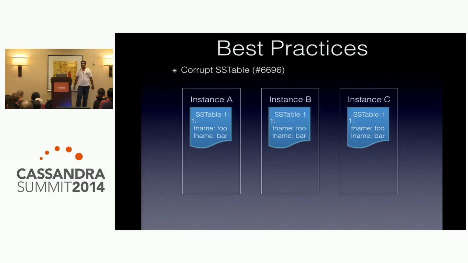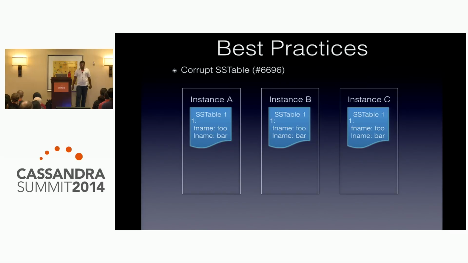The problem here is the SS table which you just removed had a tombstone which was covering a data which you wanted to delete. In Cassandra, even if you lose a byte, you don't know what you have lost. You might have just lost a tombstone and your data will reappear. So in this case, your data just reappeared because you deleted the SS table which had the tombstone.